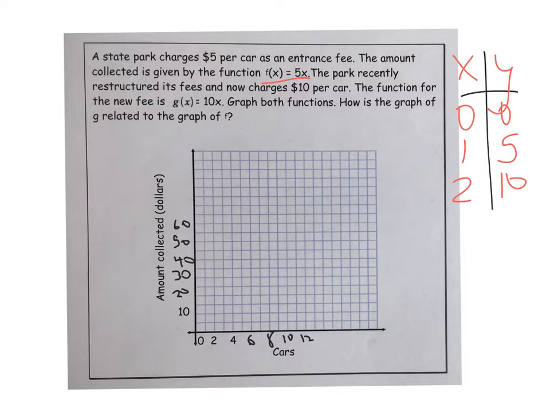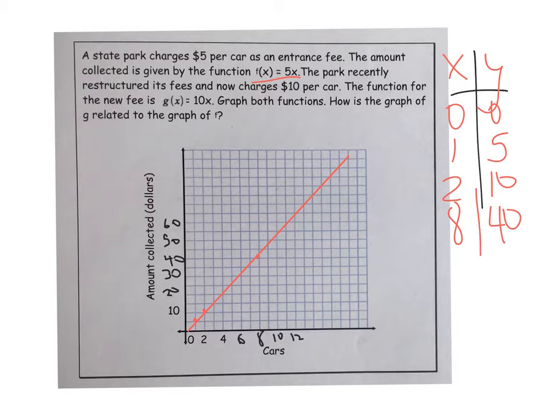When x is 8, y is going to be 40. So if I graph these, when x is 1, y is 5. When x is 2, y is 10. When x is 8, y is going to be 40, which is right about there. Then if I graph those, what it will look like is this. So that's how that one would work.